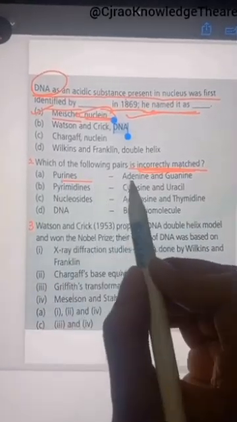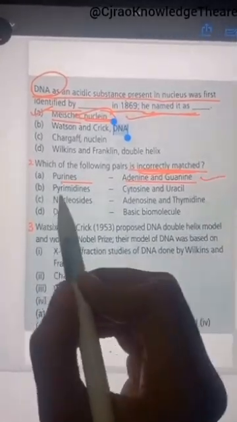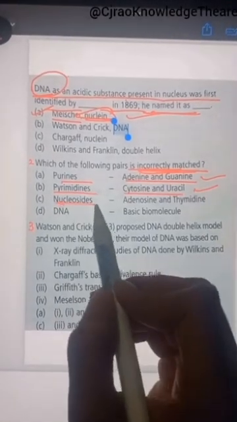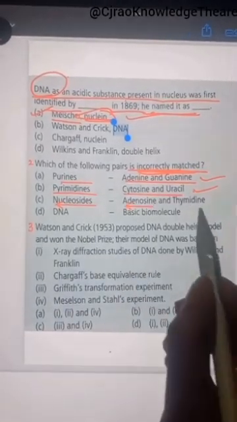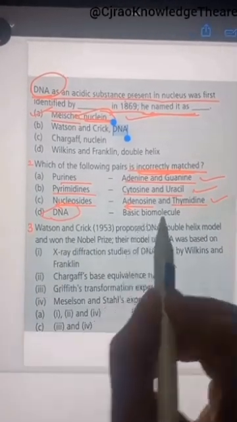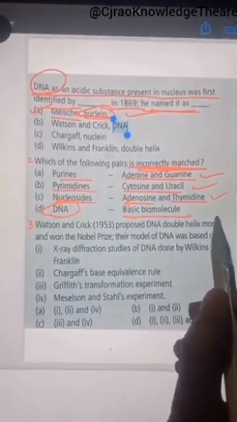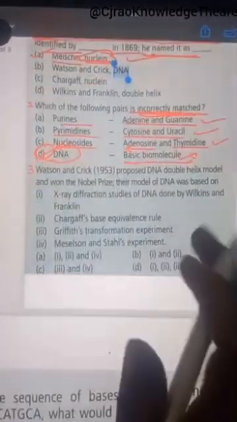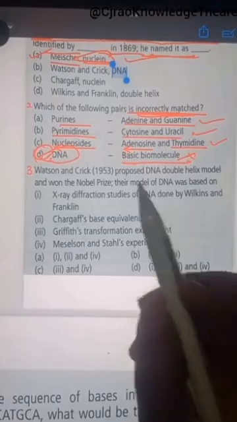So purines, adenine and guanine, it is correct. Pyrimidines, cytosine and uracil, it is correct. Nucleosides, adenosine and thymidine, it is correct. And DNA, basic biomolecule, this is the wrong option, it is incorrect. So option D is the right answer.